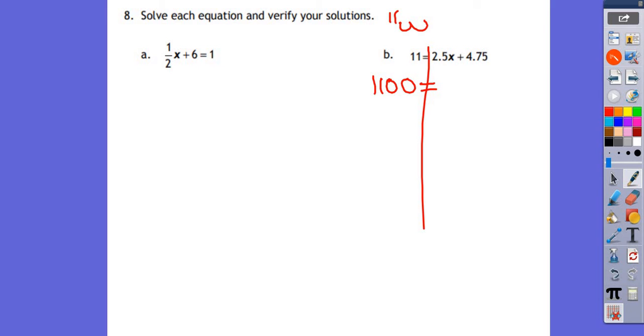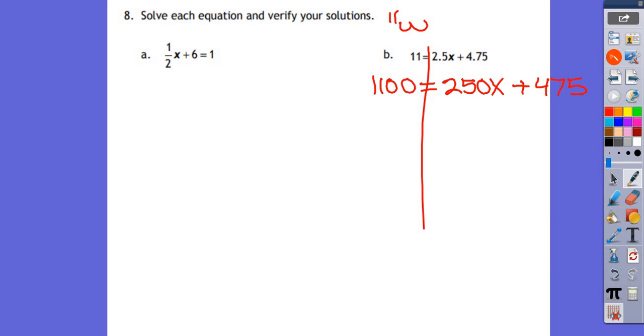I'm gonna back 2.5's up twice, and that's gonna give me 250x. I'm gonna back up 4.75 twice and get 475. Now there's no decimals, and I can work my problem.